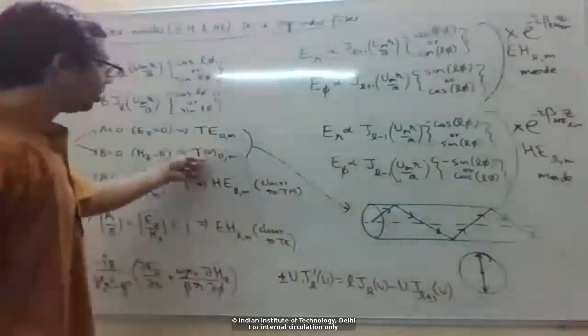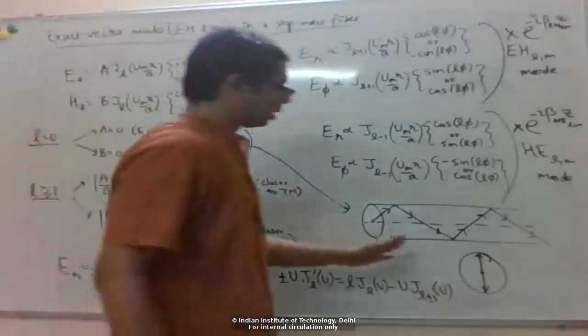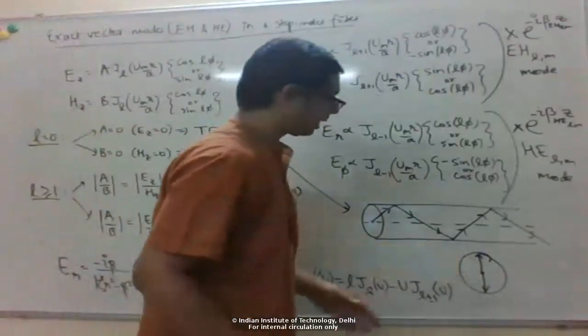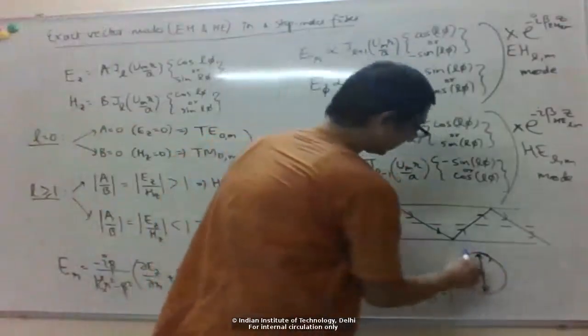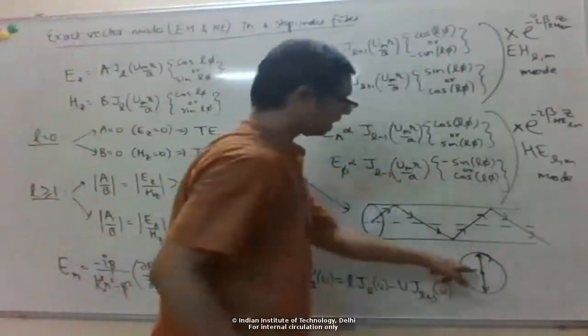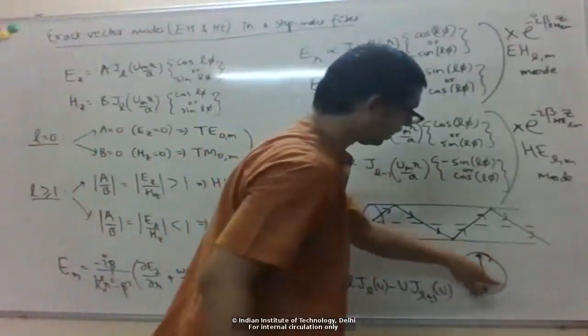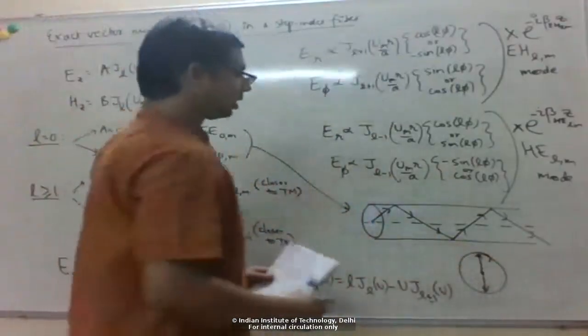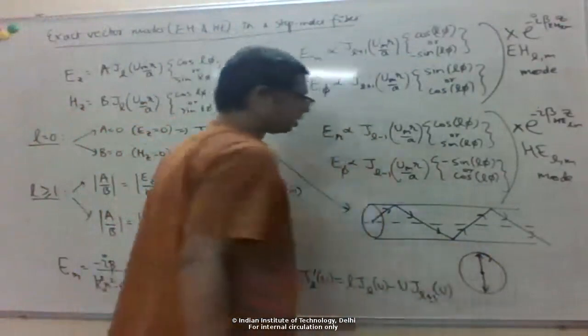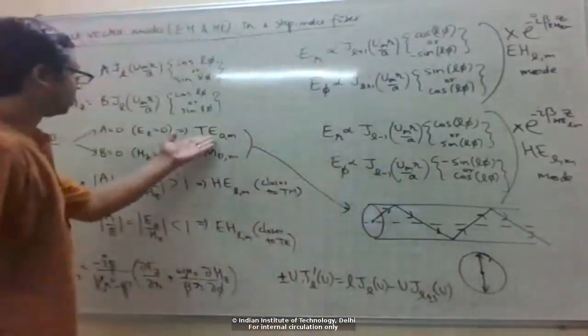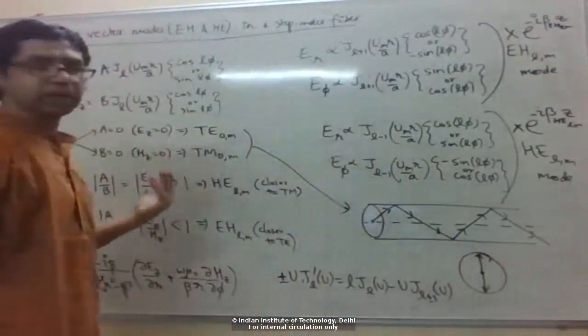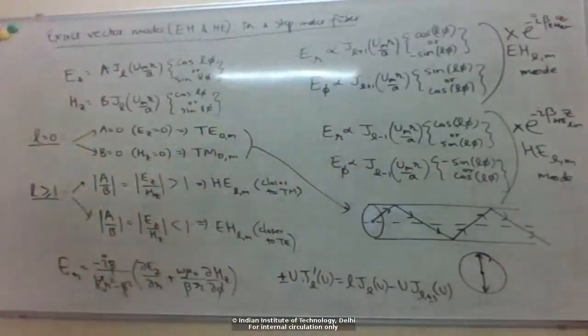So that's why they are purely TE or TM modes, because this is basically like a slab, right? I could have a slab here or something. It's not seeing the rotational or the cylindrical symmetry of the structure. The ray is just lying in one plane, so the solution is either TE or TM, like in a slab.